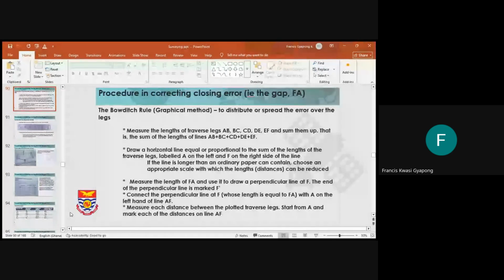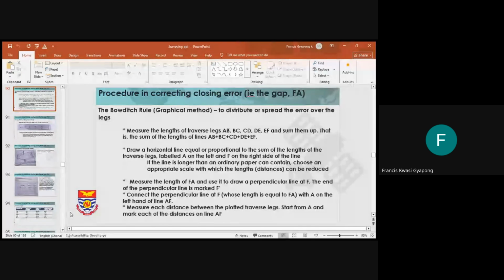Now let's go to DE. The same procedure. DE. I am getting 2.3.